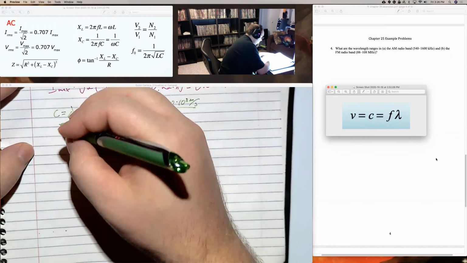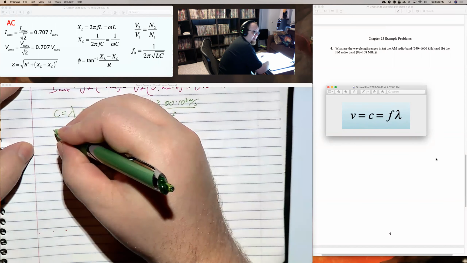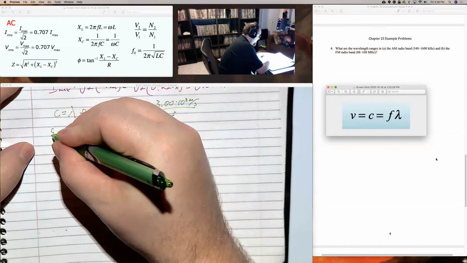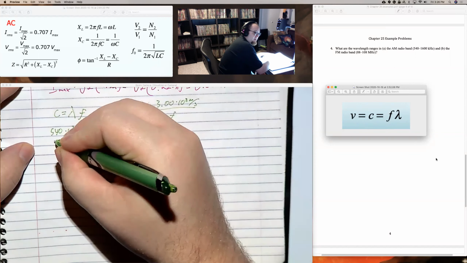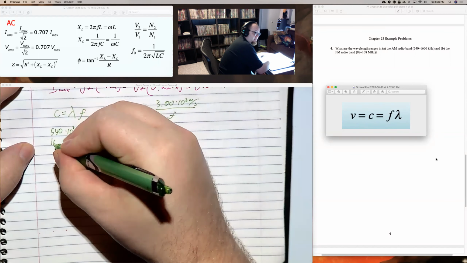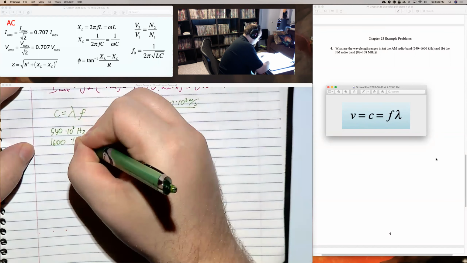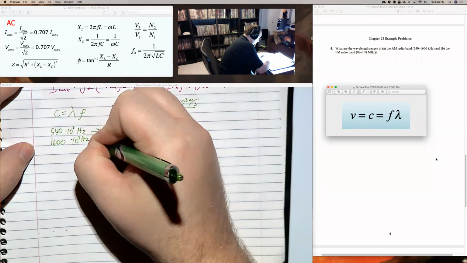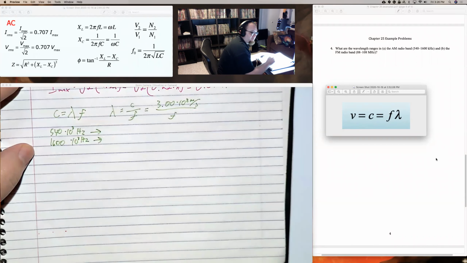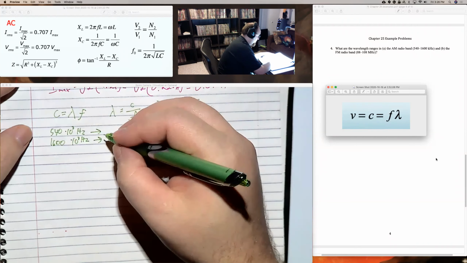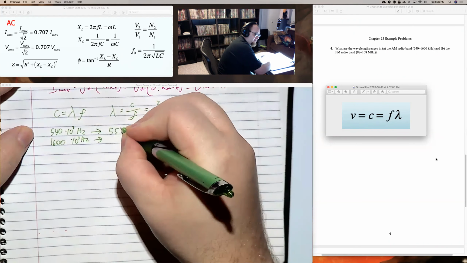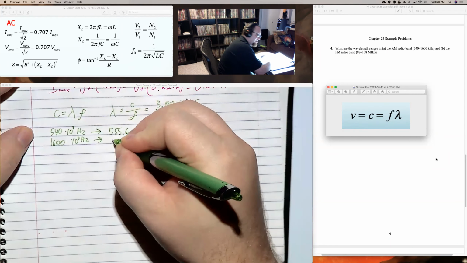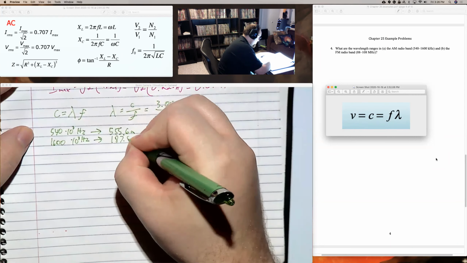And that means for my AM radio band, 540,000 to 1,600,000, my wavelength range will be anything between 555.6 meters to 187.8 meters.